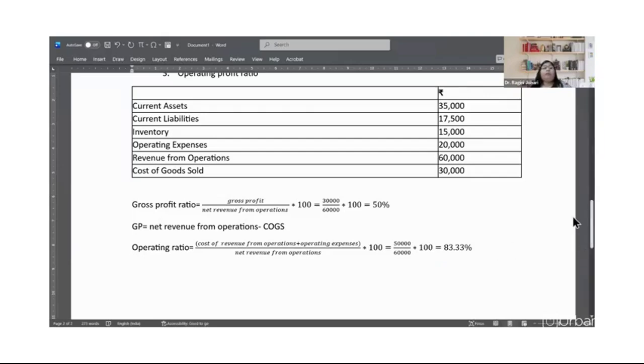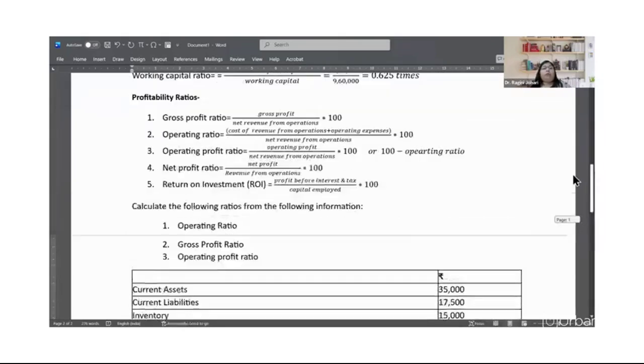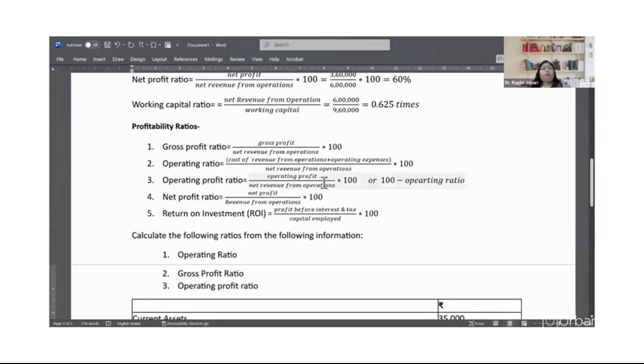Now the third set of ratio, that is operating profit ratio. Now, the formula for operating profit ratio, if we go back here, is operating profit divided by net revenue from operations into 100. Or in case we are not clear about this operating profit, then we can simply use the formula 100 minus operating ratio.